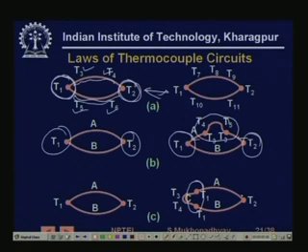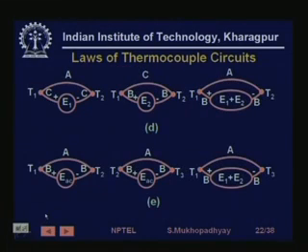So we need not bother about the insertion of a metal as long as we keep the junction temperatures the same, and we also need not bother about the temperature gradient across the wires. We only need to bother about the temperatures at the junction points. That makes measurement much easier, because if we had to maintain the temperature all across the wire, it would have been much more cumbersome.